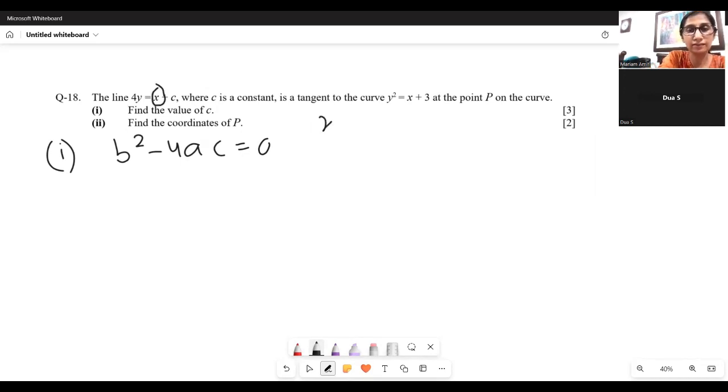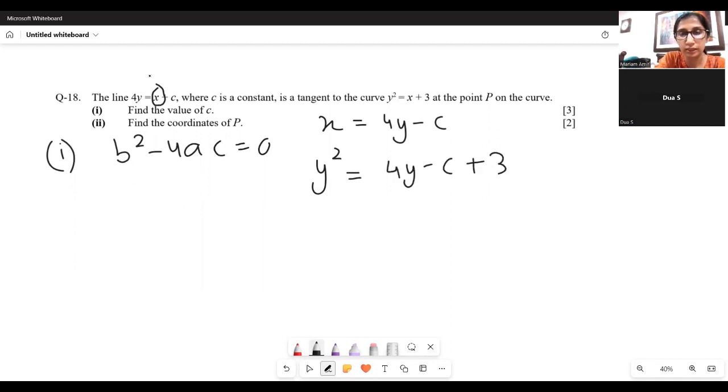So x equals 4y minus c. I'm going to substitute that in the other one. That's making the working easier because y has a square on it. So x can be replaced with 4y minus c plus 3. So we get y square minus 4y plus c minus 3 equals 0.